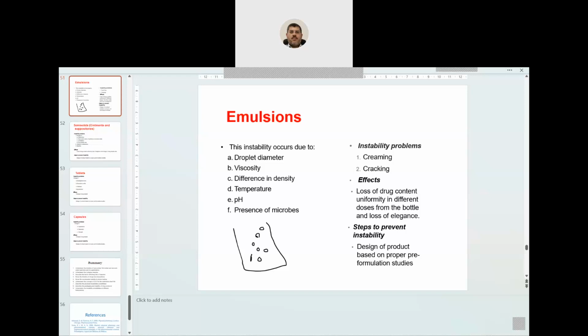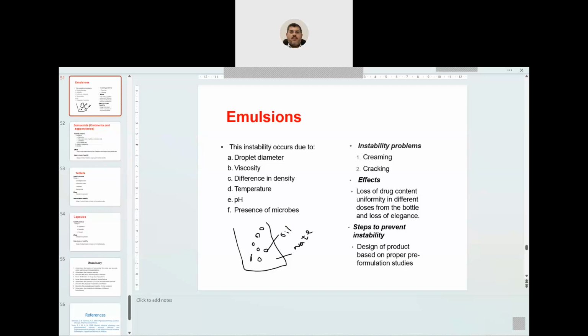If it is an oil in water emulsion, the internal phase is oil and the surrounding phase is water. To formulate them, we need to use surfactant. Surfactant is the material that will help to form the droplets, and they stabilize the emulsion. The problem for emulsion stability with time is that there may be some flocculation of these droplets.